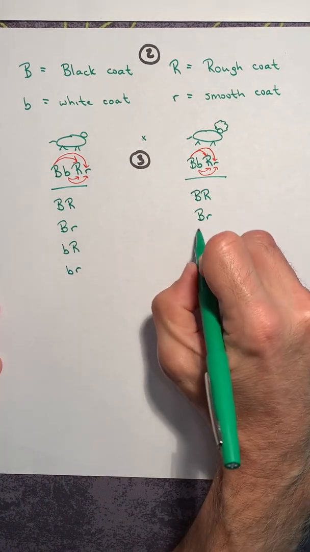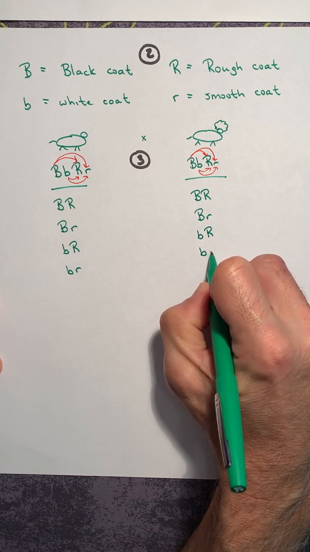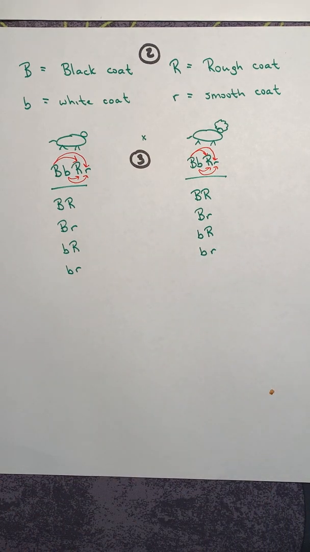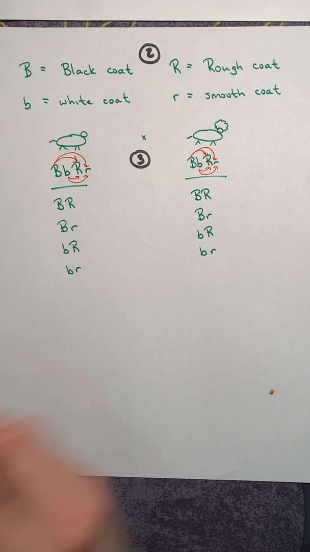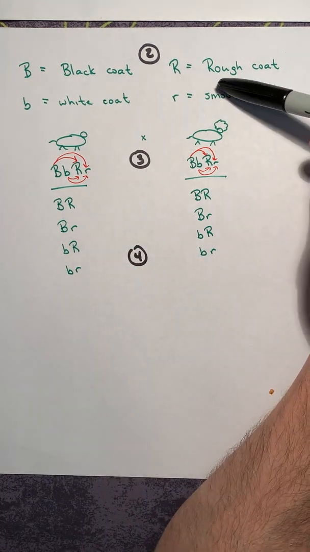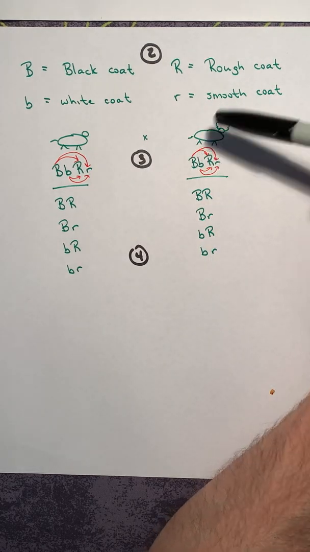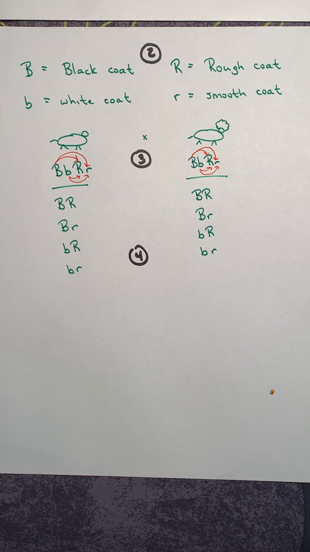Again, write them alphabetically. Little b, big R, little b, little r. And so there's your fourth step. Dissect the problem, define your alleles, set up your cross, and now with the dihybrid cross, you have to establish what alleles are offered to the offspring.